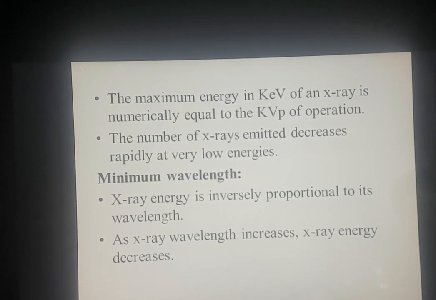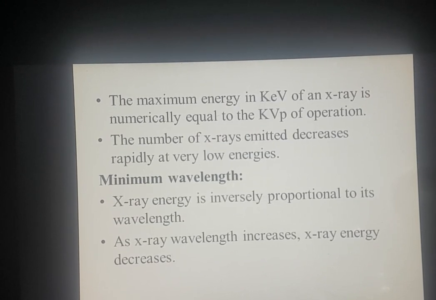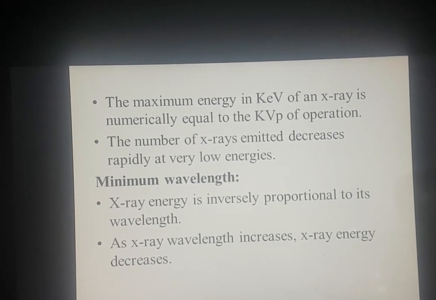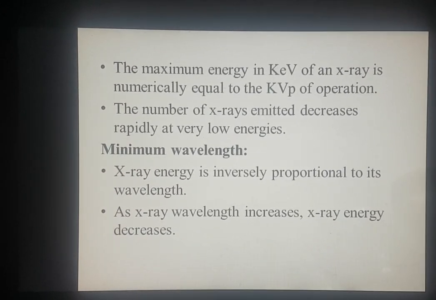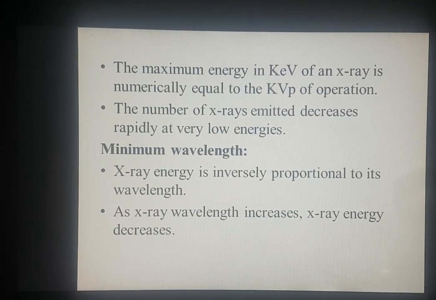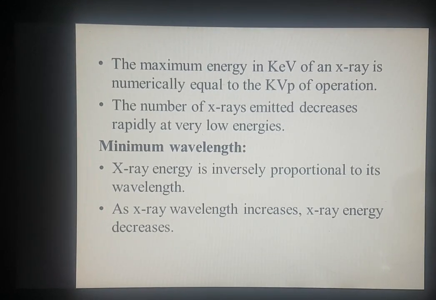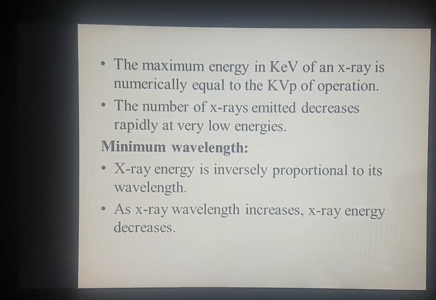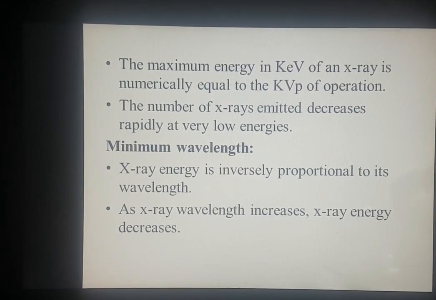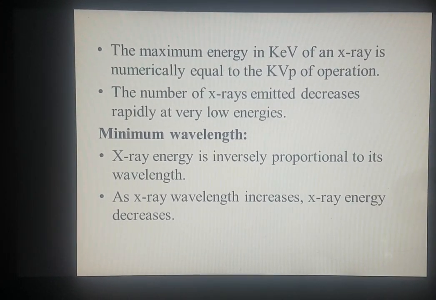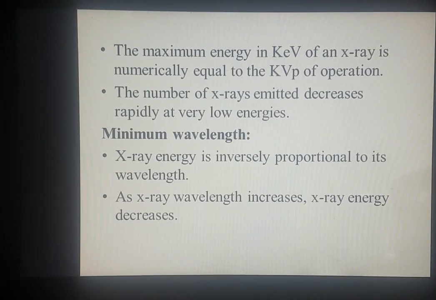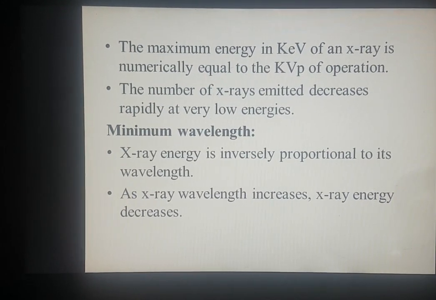The number of X-rays emitted decreases rapidly at very low energies. Another important thing to discuss here is the relationship of X-ray energy and wavelength. X-ray energy and wavelength have an inverse relation. So we can say that by increasing the wavelength, there will be a decrease in energy of X-rays.